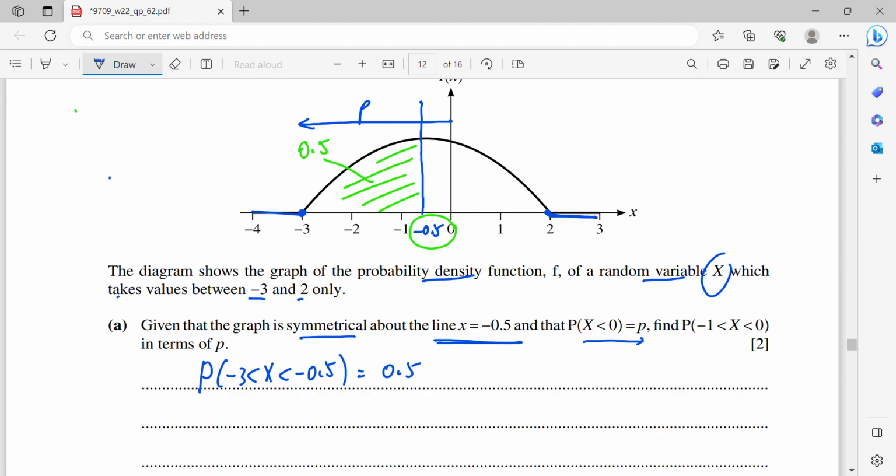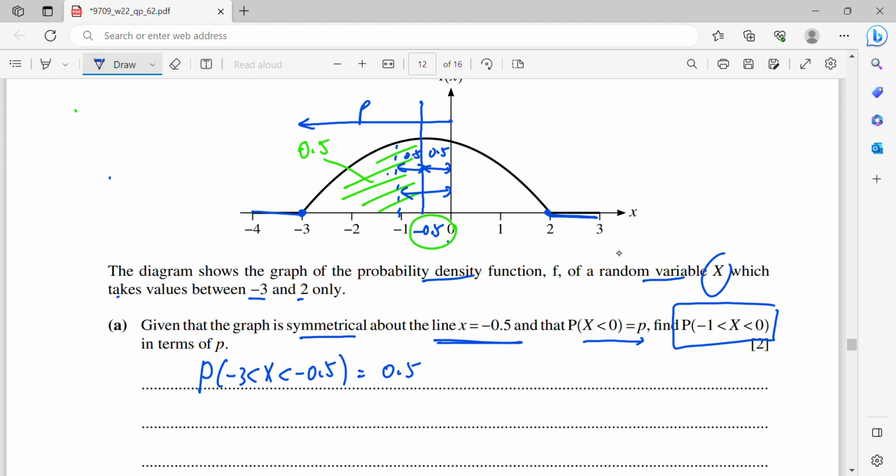And then now you need to count the probability that x is between -1 and 0, which means it's here. Since it is symmetrical at -0.5, from -0.5 to 0 it will be 0.5 units, and from -0.5 to -1 it will be 0.5 units, which means it is symmetrical.